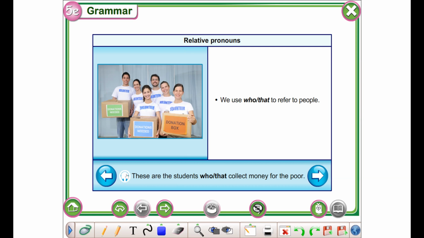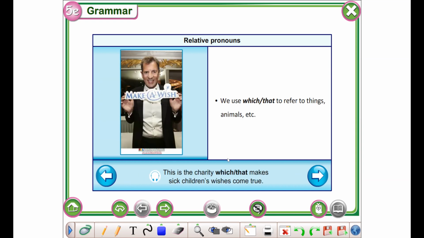Could you say that after the speaker together? These are the students who collect money for the poor. Collect, не collected, госпожа. Вие казахте collect, а той collect. Добре, браво. This is the charity which makes sick children's wishes come true.